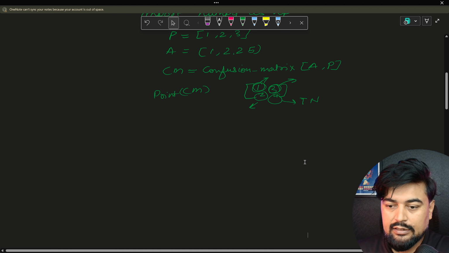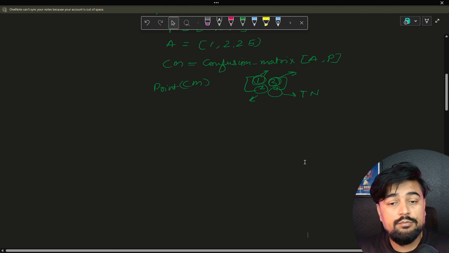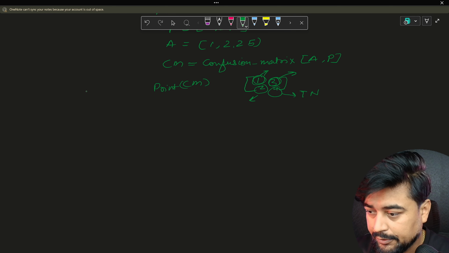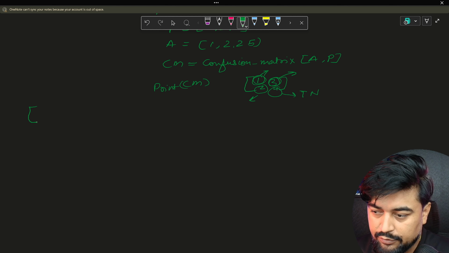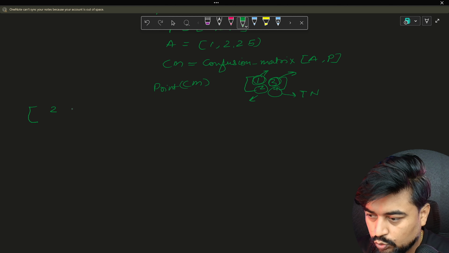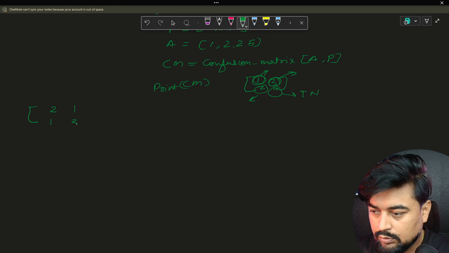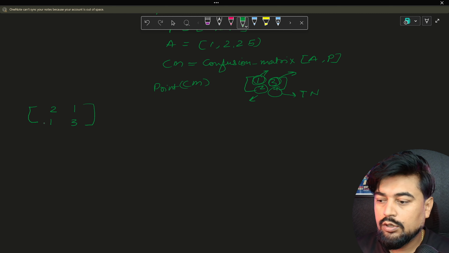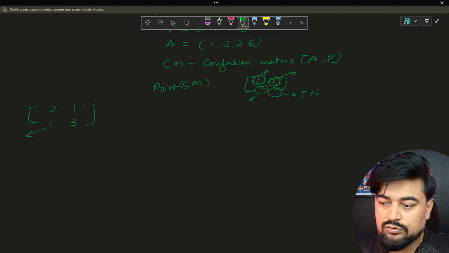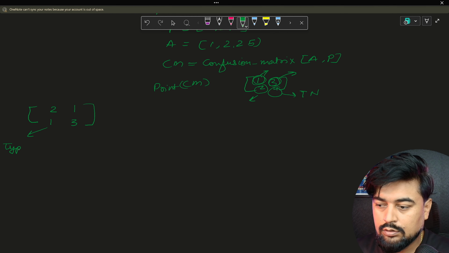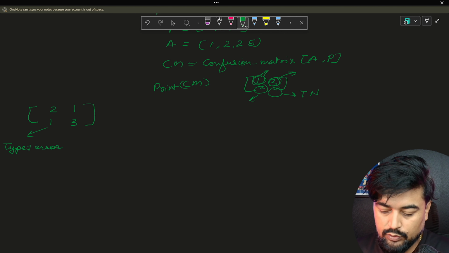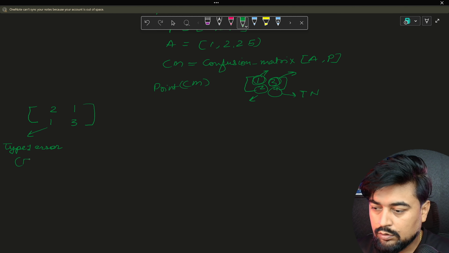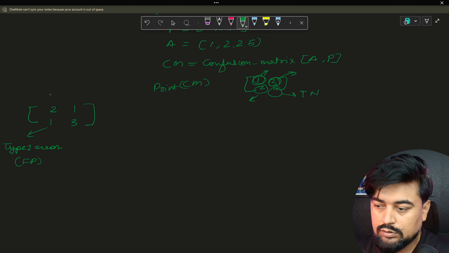Let me write our confusion matrix which we got as an answer here. So our confusion matrix says 2, 1, 1, 3. Now this one is known as type 1 error also, and we call it false positive.